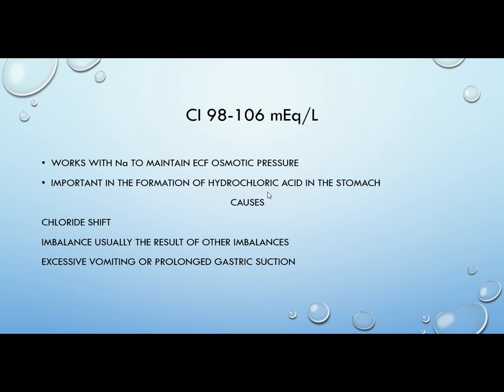Chloride shift results when your bicarb and your chloride change places: the bicarb moves out of the cells, and the chloride will then move into the cells. So there is no real net body loss. Imbalances are usually corrected by interventions for correcting other imbalances.